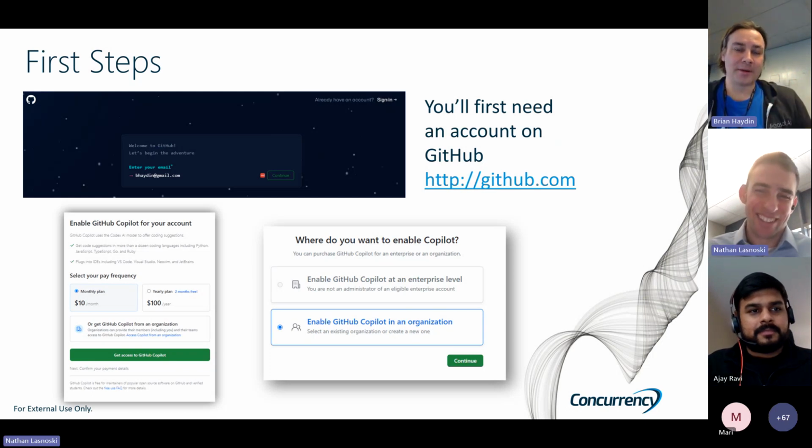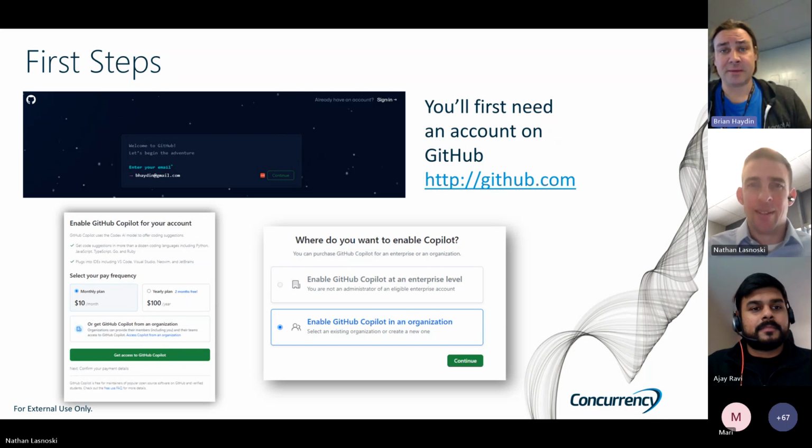But yeah, so you're going to need a GitHub account and a GitHub organization that's set up in order for you to enable Copilot for your organization. So if you're using DevOps today, you're going to need to start using GitHub. So you're going to want to set up an organization.